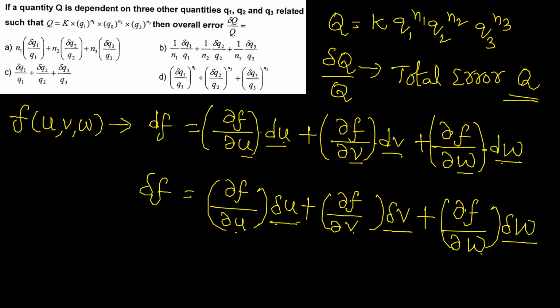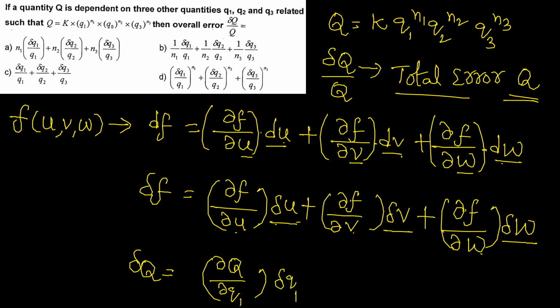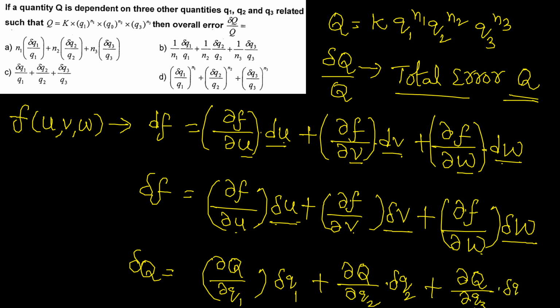Now if we apply this formula to calculate the total error of function Q, then del Q equals dou Q by dou q1 times del q1 plus dou Q by dou q2 times del q2 plus dou Q by dou q3 times del q3.